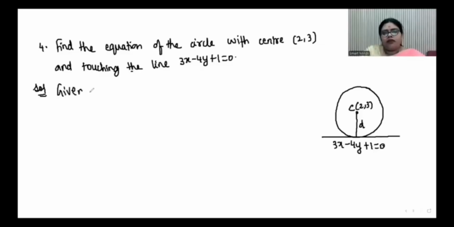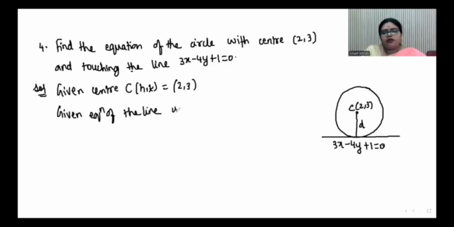Now what is given to us? Center C h, k is equal to 2, 3. Now what is given equation of the straight line? Equation of the line is 3x minus 4y plus 1 is equal to 0.